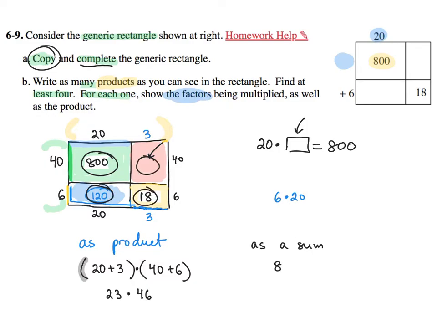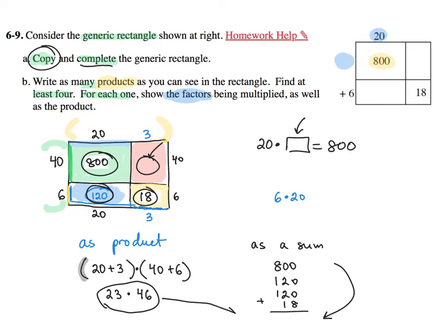So line them up, 800, 120. Technically, you should have gotten 120 over there. And then plus 18. So that's actually the answer to this problem. Whatever this is, the answer is when you add all these. So that's one way. We completed it and we wrote it, but that's one of them.